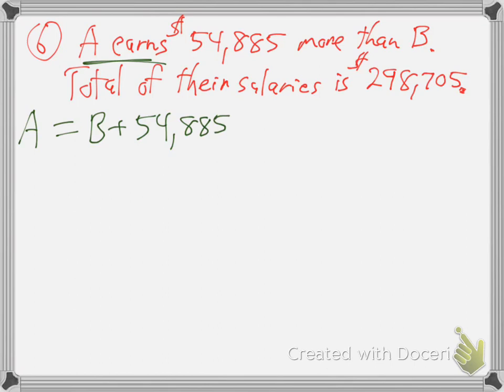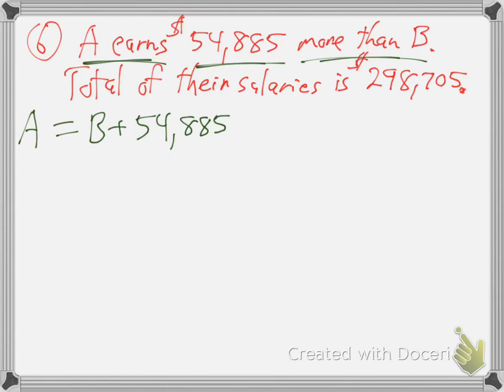A is earning this much more than B, so it's added to B. So A's salary is whatever B's salary is, add 54,885, because A is more. That's A's salary.